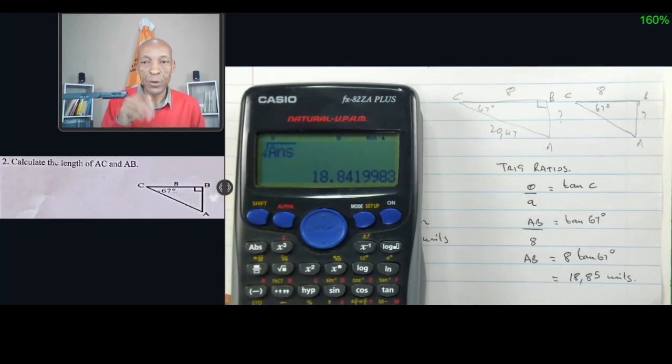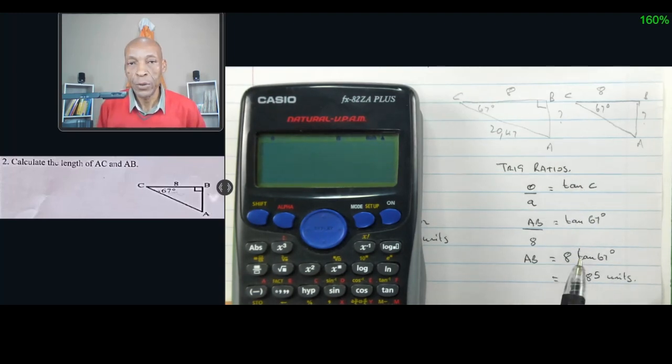Right, don't stress too much. Let me see now. 18.841. I'm stretching this because some of you may say, right, let me do this. 18.841. I just want to see what it gives me without rounding off. 18.841, isn't it?